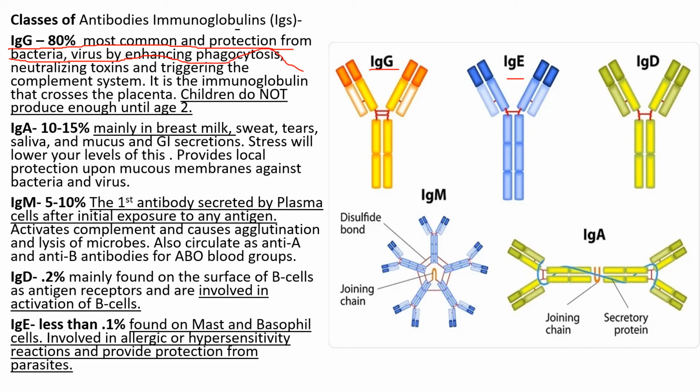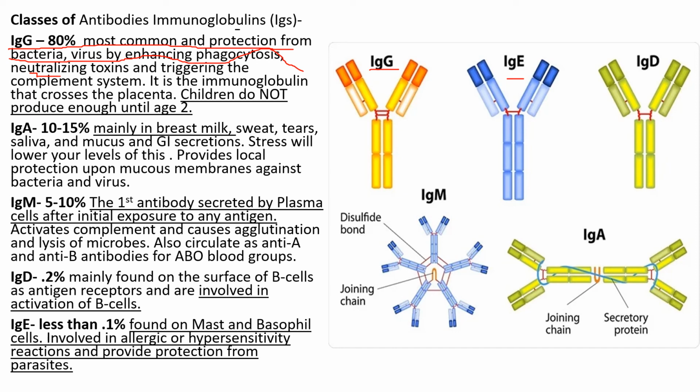Now, we're going to look at the function of an antibody in a few moments, but they can neutralize toxins. They can do several other things associated with phagocytosis, and we'll talk about it in a moment. But 80% of all immunoglobulins are this IgG.